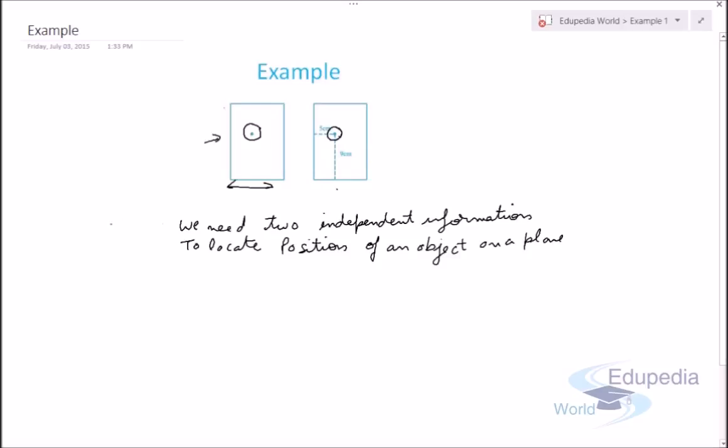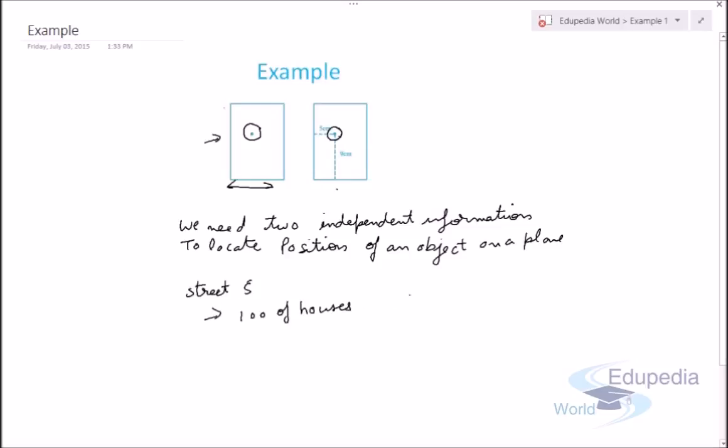So let me give you one more example. Suppose somebody says you come to street number 5 and there is my house. When you go to street number 5, there can be, you can say, 100 houses, so you cannot locate exactly where your friend's house is. So you need the house number.